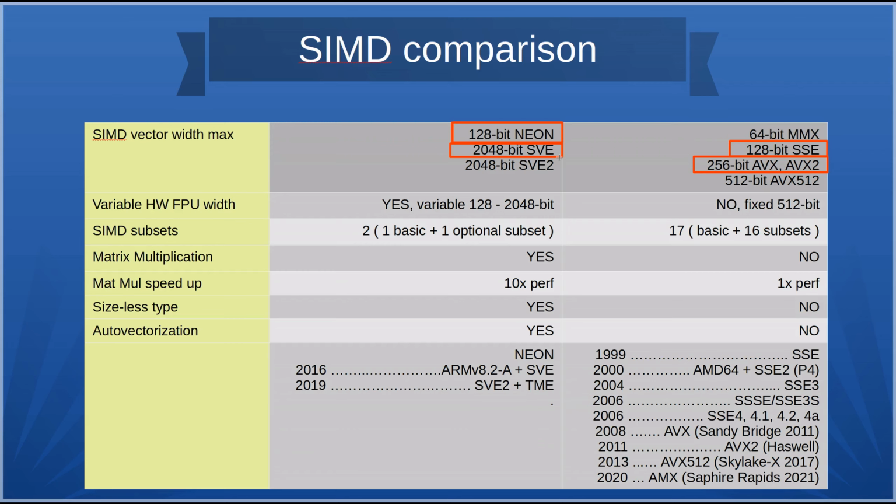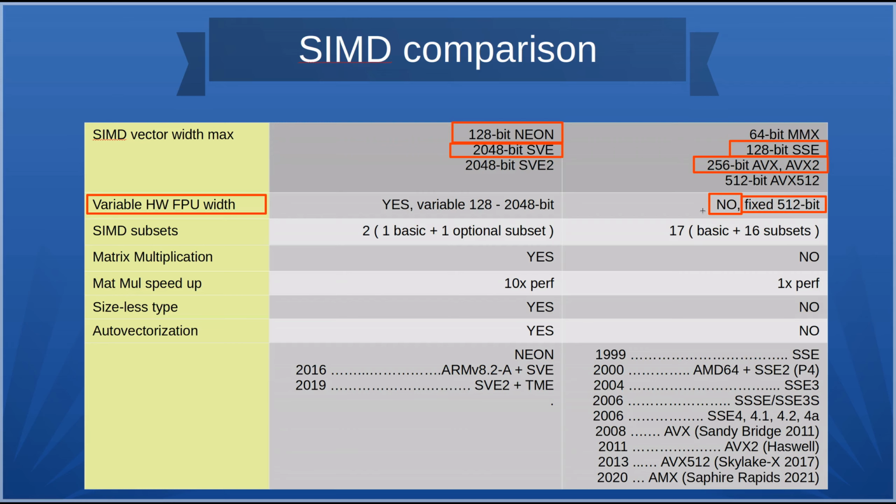And it's kind of radical and new because it supports variable hardware floating point width. Because on x86, AVX has no variability. It's fixed, 512-bit or 256-bit, and there is no variability.